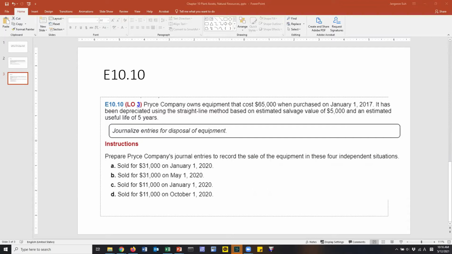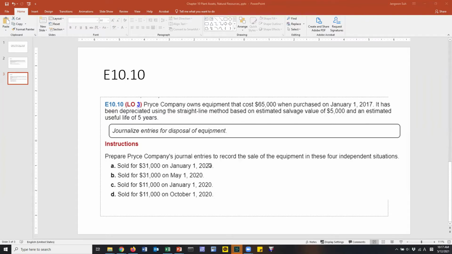Let's have a look at this example, exercise 10.10. Price company owns equipment that cost $65,000 when purchased on January 1st, 2017. It has been depreciated using the straight line method based on an estimated salvage value of $5,000 and an estimated useful life of 5 years. So yeah, easy, the straight line method will be applied.